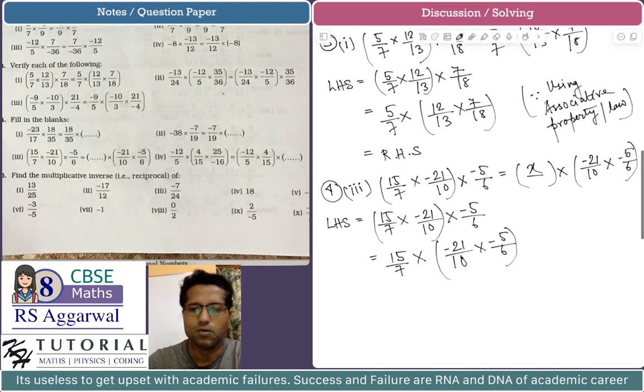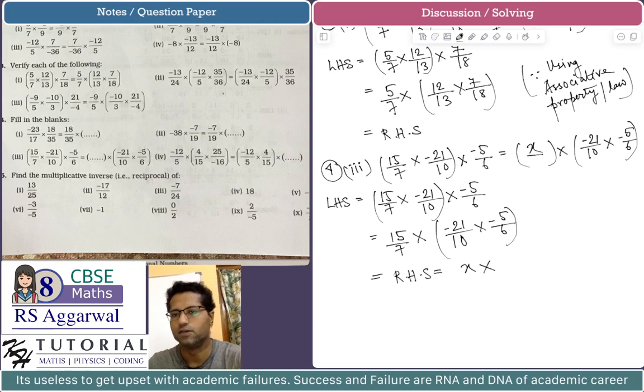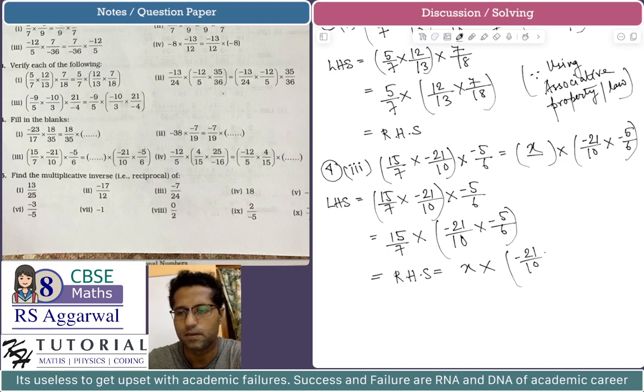Okay. Now we can say that this is equal to the right hand side, which is equal to x, as in the fill in the blanks we assume that rational number to be x. This is equal to minus 21 by 10 multiplied by minus 5 by 6. Now from this we can cancel out minus 21 by 10 multiplied by minus 5 by 6, because it is happening on both sides.